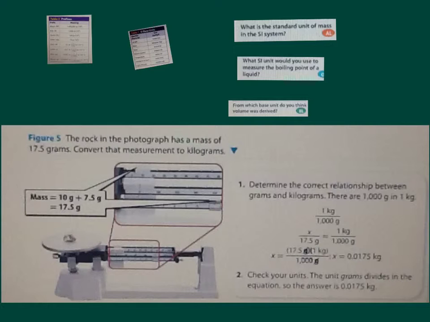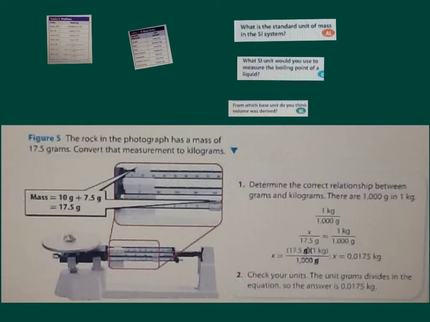Continue to do the math. It's all right here. 17.5, you're crossing out the grams, times 1 kilogram divided by 1,000, X should equal 0.0175 kilograms.